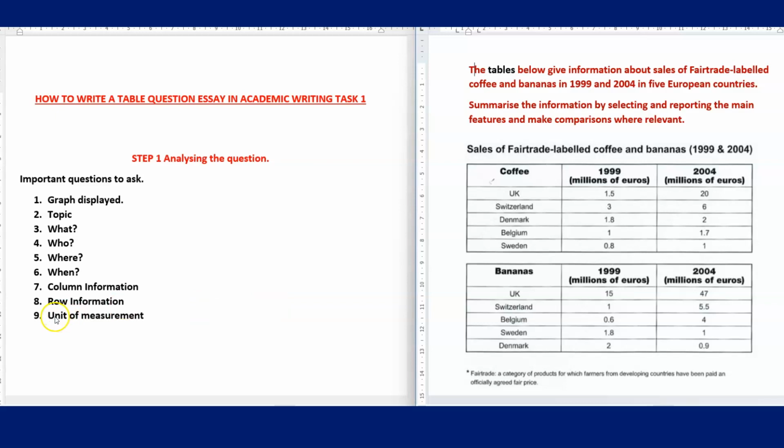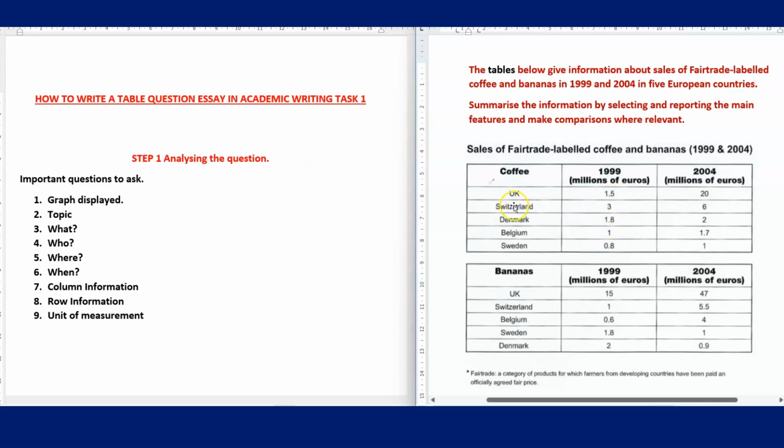And then it's asking, the unit of measurement is also important. Through here we have a unit of measurement, which is millions of euros. So if you see 1.5 here, it is 1.5 million euros. If you see 3 here, 3 refers to 3 million euros.